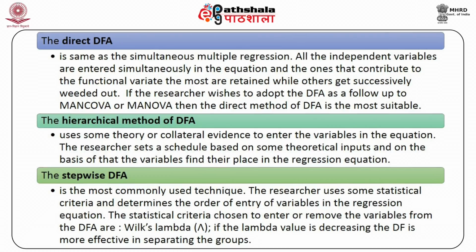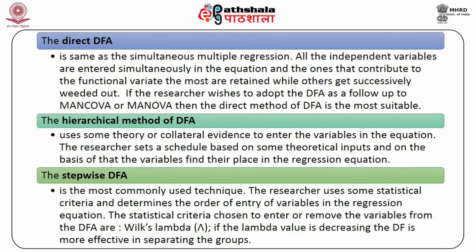The stepwise DFA is the next one, and in stepwise DFA we find that it has the maximum application which we find in research, and therefore it is the most commonly used technique, one can say. The researcher uses statistical criteria and determines the order of entry of variables in the regression equation.